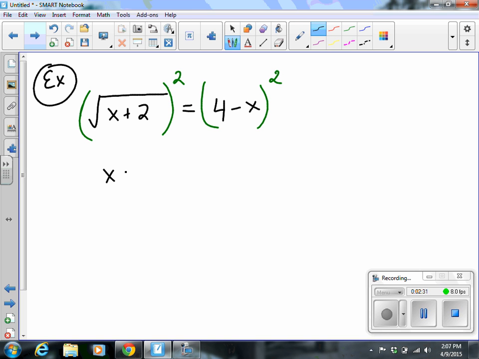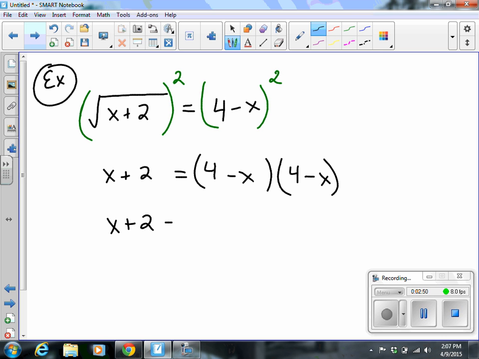I have x plus 2 equals, a lot of people will say 16 minus x squared. What I'm actually going to do is list the 4 minus x twice and then distribute. That way I know for sure that I'm taking care of everything.